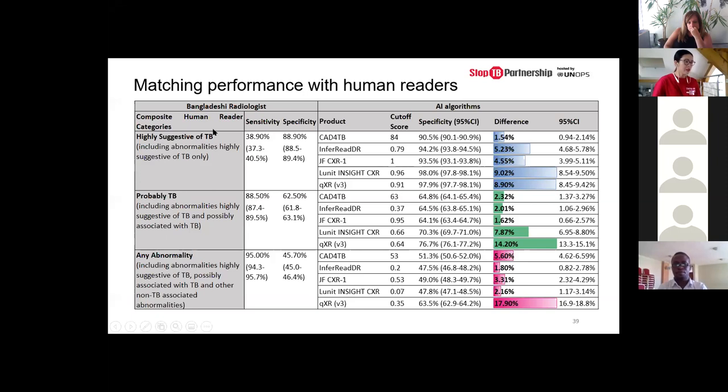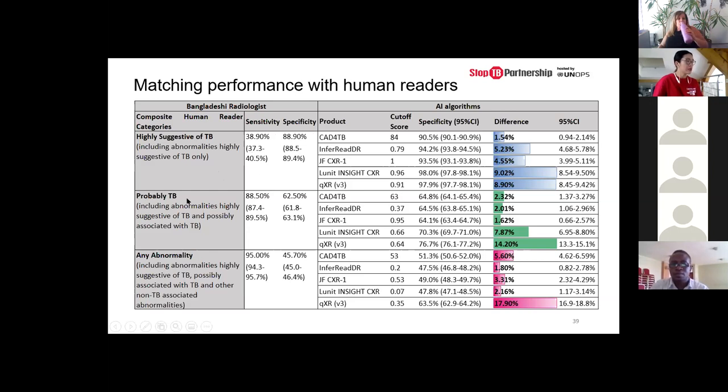And then we compiled the categories into 3 composite categories. Highly suggestive is obviously the strictest reading, most likely to be very specific to TB. So no surprise, the specificity is high, but the sensitivity is low. This is the human performance.